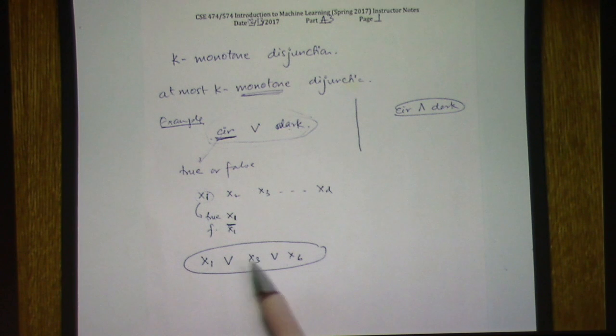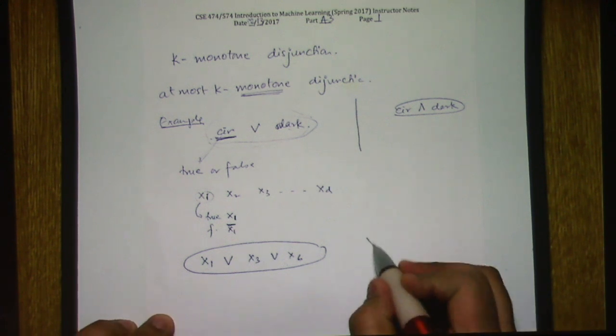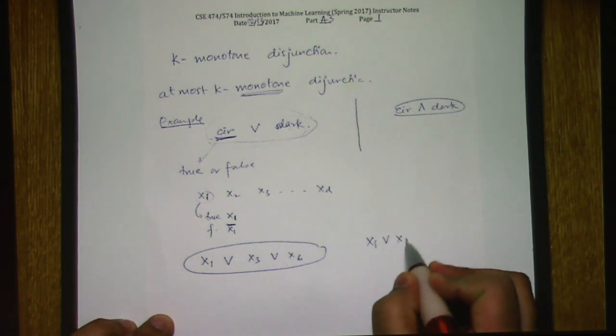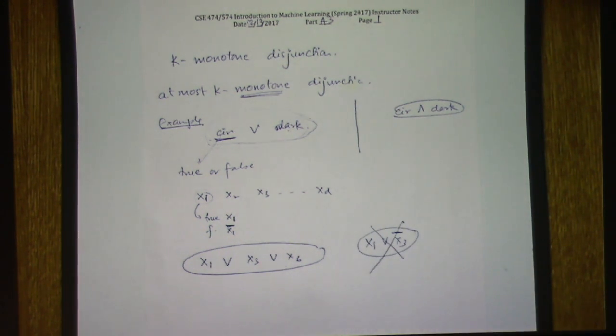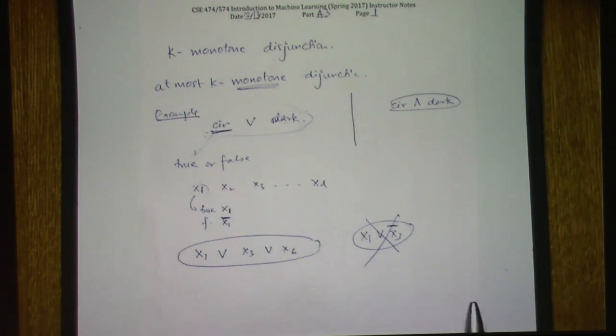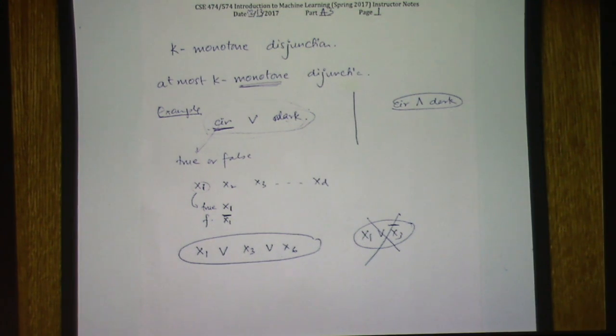So x1 or x3 or x6 is fine, but x1 or not x1 or x3 is not fine. That's not a monotonic system. Why do we do that? That's more to just keep our analysis simple. I know that this restricts the type of concept that we have, but the idea is to define the concept class and then use the analysis. So this is going to be our concept class.